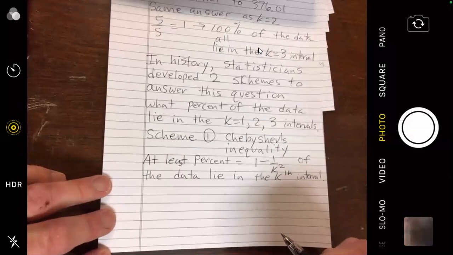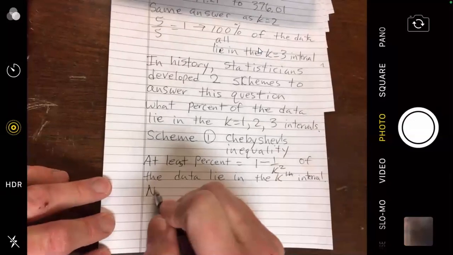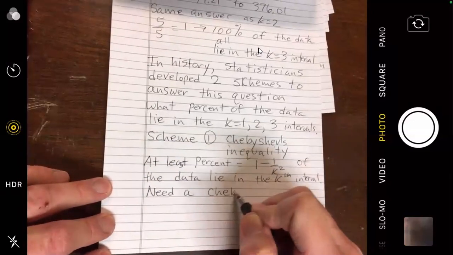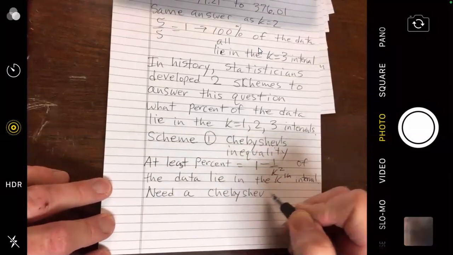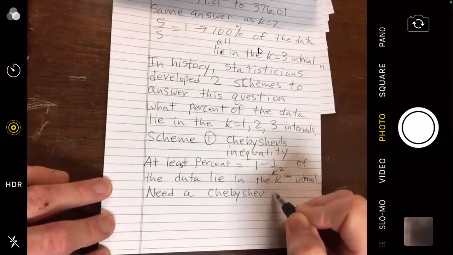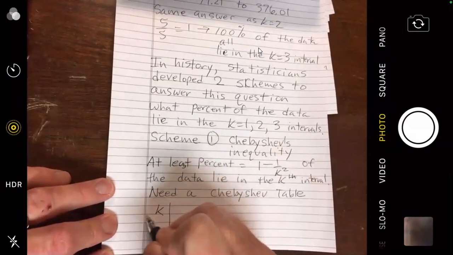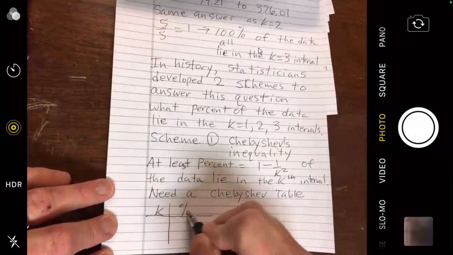So you need a Chebyshev table. They put the k number here, the percent here, and the formula here.